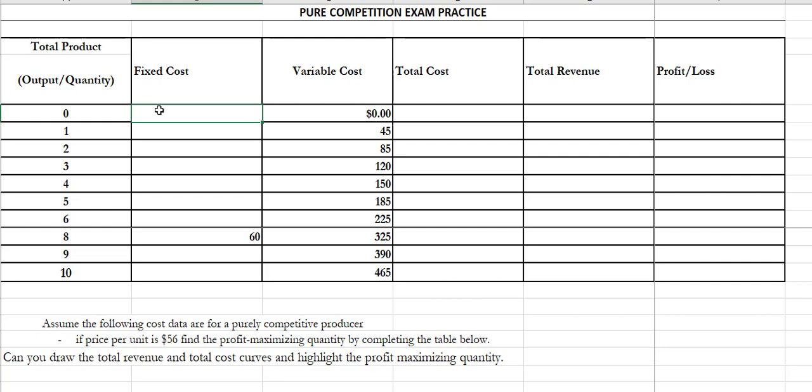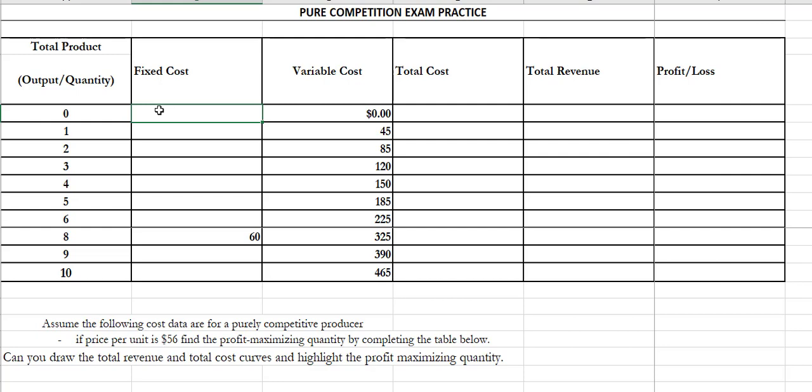We're going to take that theory and we're going to do some calculations. I'm going to start specifically with a purely competitive firm. If you'll remember, a purely competitive firm has very distinctive characteristics. Firstly, there are a large number of sellers. There are also what we call price takers.